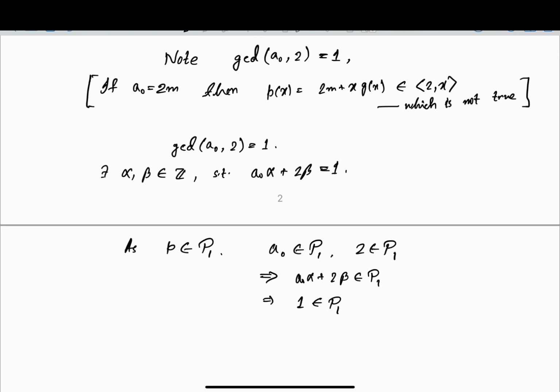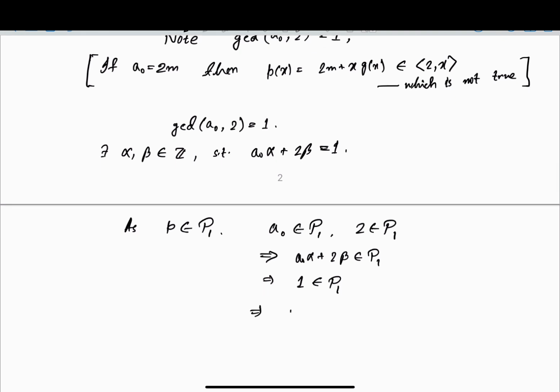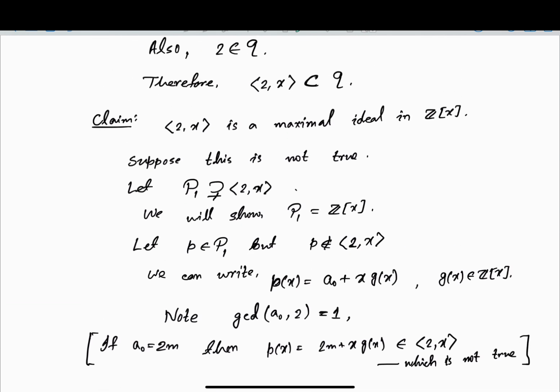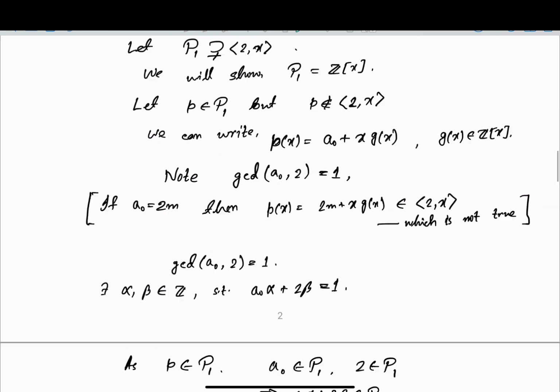If the identity belongs to that ideal, then the ideal should be the whole ring, right? Because you can multiply by any element and it will again belong to that ideal, which implies P1 is the whole of Z[x]. So we proved our claim that (2, x) is indeed a maximal ideal in Z[x].